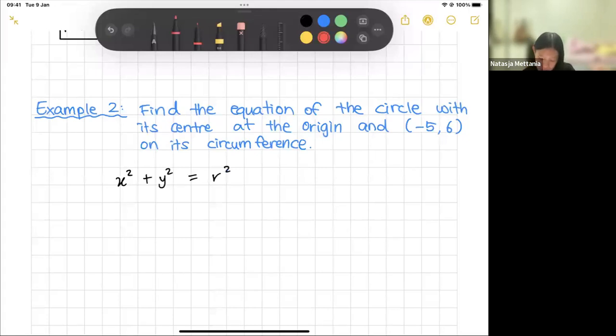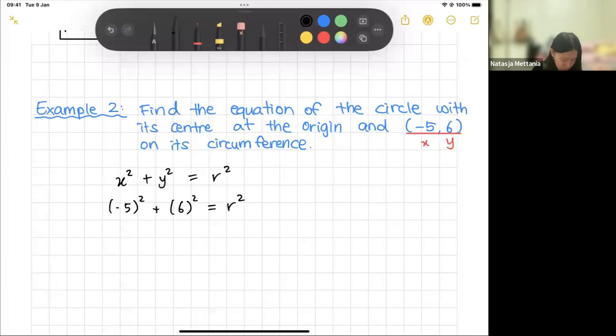I have been given a point, negative 5, 6. So I'm just going to label it: negative 5 is my x and 6 is my y. I'm just going to put it into the equation. So negative 5 squared plus 6 squared should give me r squared.